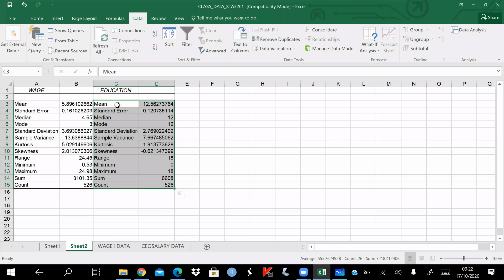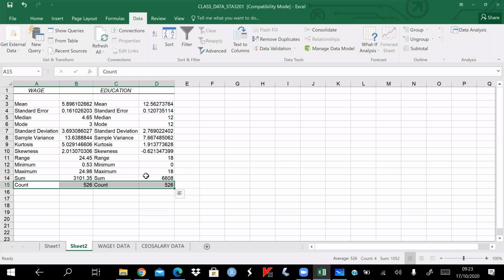We have the mean value, the standard error, the median and the mode, the standard deviation, the variance, then the kurtosis, skewness, and so on, the sum and the count. These are the number of observations. So this is the information.